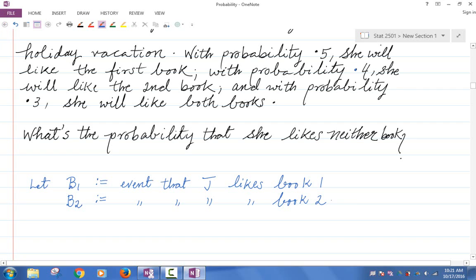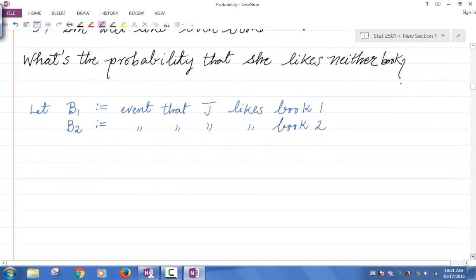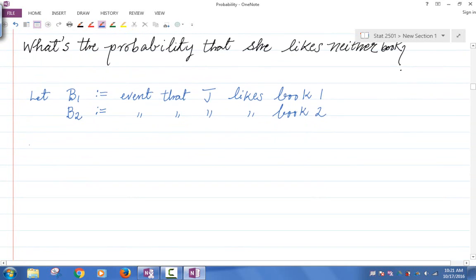What is given in the problem? What's the probability of the event B1? 0.5, yeah. So it is given that the probability of B1 is 0.5.